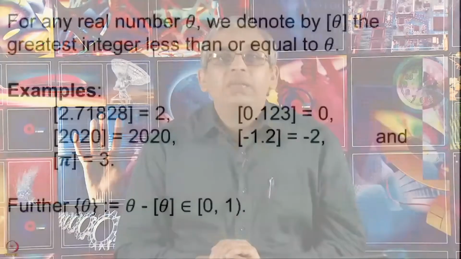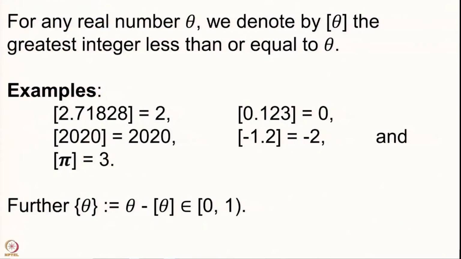This is denoted by curly bracket theta. By definition, this is theta minus square bracket theta. While talking, we will call the floor of theta the integral part of theta. And this will be called the fractional part of theta.